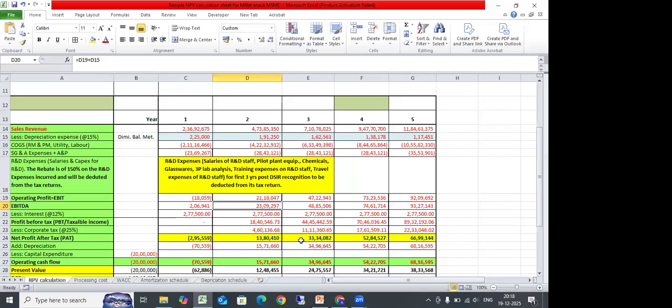Then we add back depreciation to get EBITDA. Similarly, we deduct the interest, the EMI which we are paying, which is another outgo, and profit before tax comes out to be this much. On that, I levy 25% tax, and this 13,80,000 is my profit after tax per year.